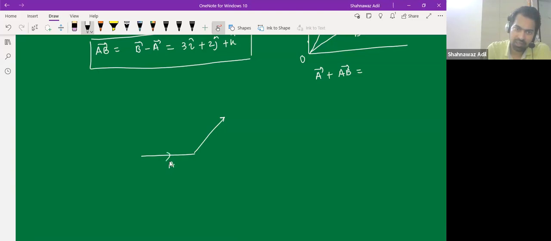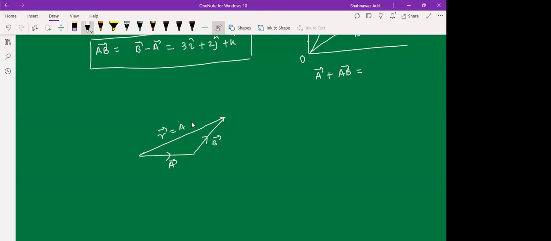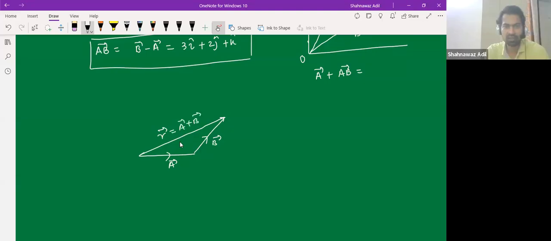Let's say this is A, this is B. So what is this, guys? What is this? AB, from the triangle's law. Do you guys remember now? This one plus this one is this one. Forgotten? Yes.